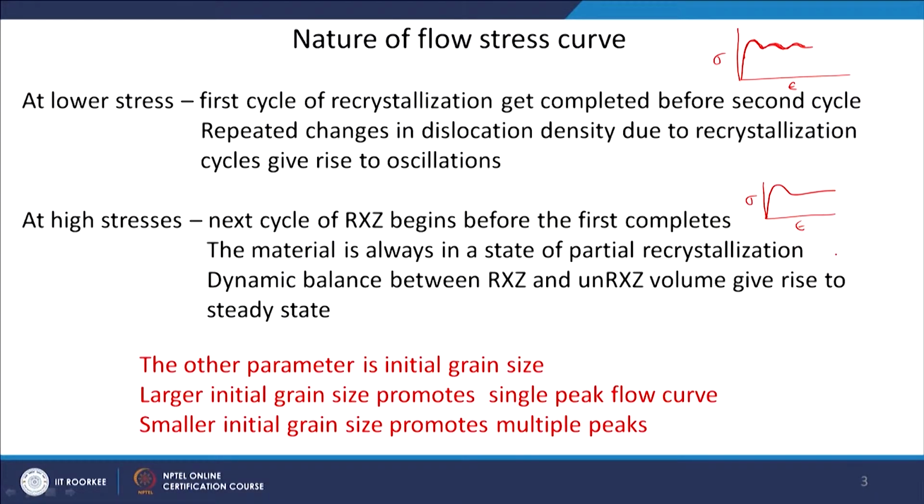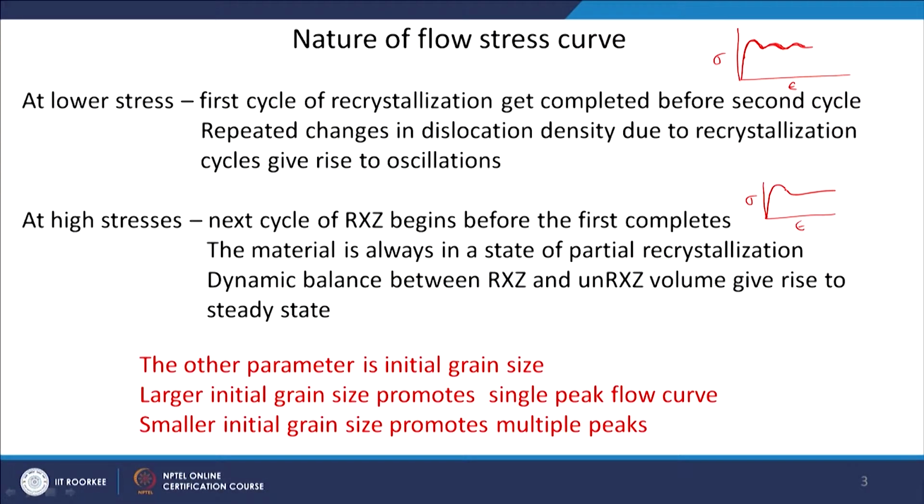You should understand that recrystallization, from start to finish, takes some finite amount of time or duration. So, let us say 60% of the material has already recrystallized, and 30-40% is still remaining and getting recrystallized. Suppose in the 60% recrystallized grains, the next cycle of recrystallization happens.